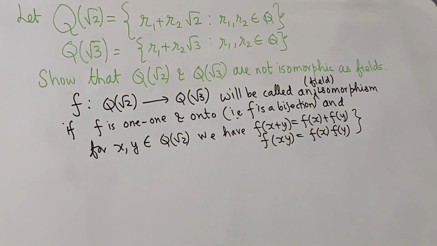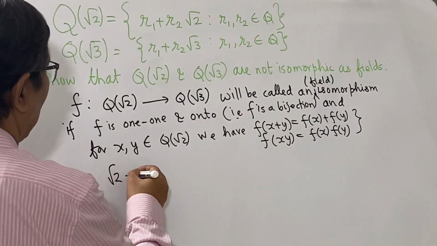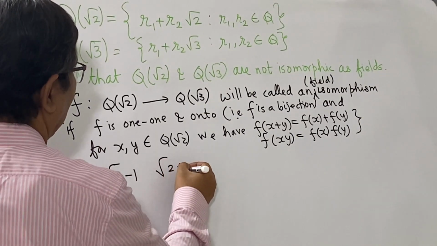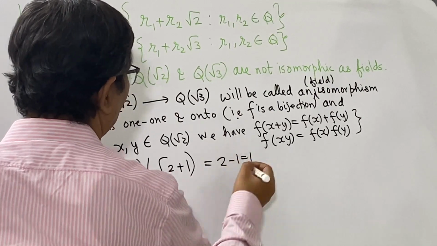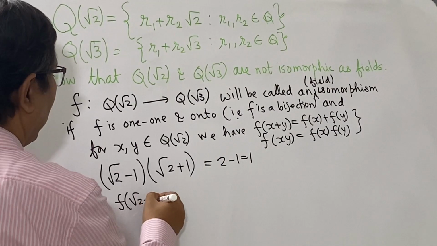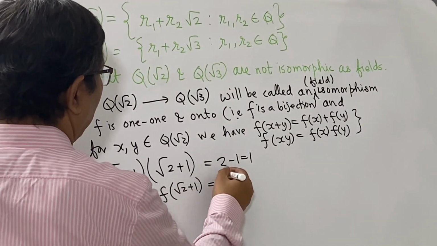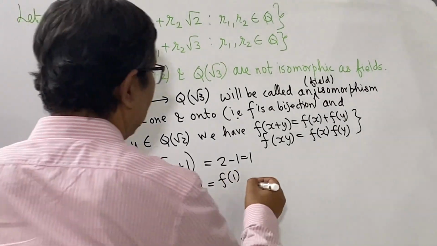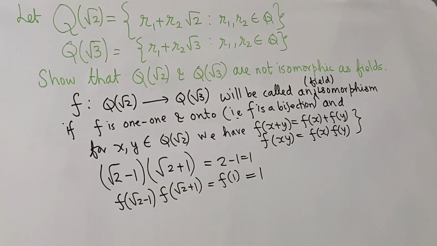One of the interesting facts that we can see here is that if we look at the elements root 2 minus 1 and root 2 plus 1 and multiply them, we get 2 minus 1, which is 1, and therefore we would expect that f of root 2 minus 1 into f of root 2 plus 1 is equal to f of 1, and f of an identity in one field is the identity in the other field.